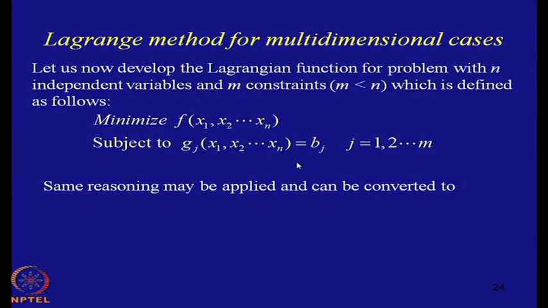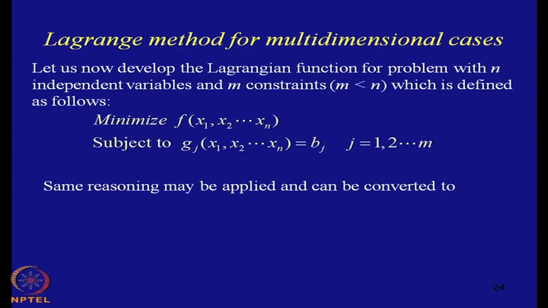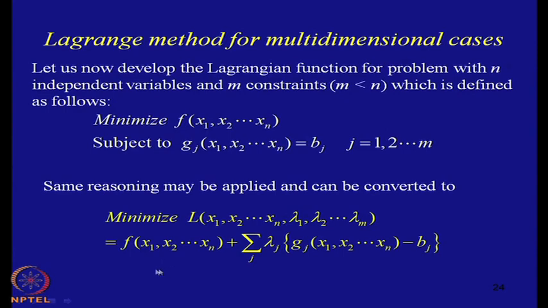We can introduce the Lagrange multipliers and construct the Lagrange function for this optimization problem. For this problem we have m constraints, so for constructing the Lagrange function we need to use m Lagrange multipliers, and we will construct the Lagrange function in this way.